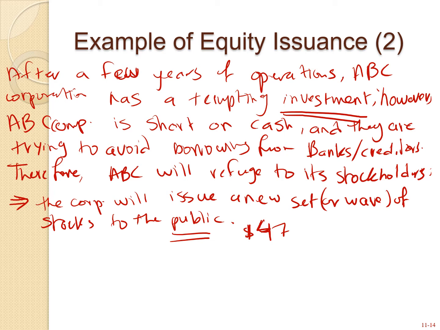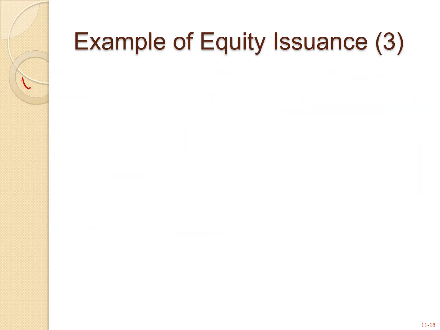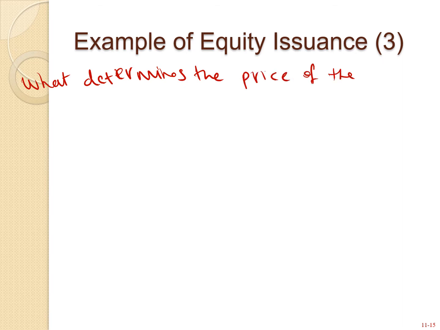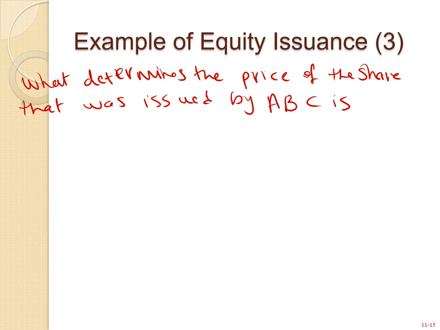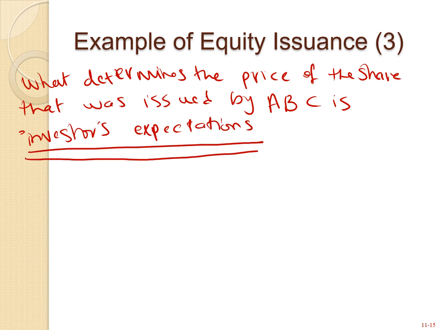So what I want to say here is that what determines the price of the share that was issued by ABC is investors' expectations. Those expectations have two main paths.